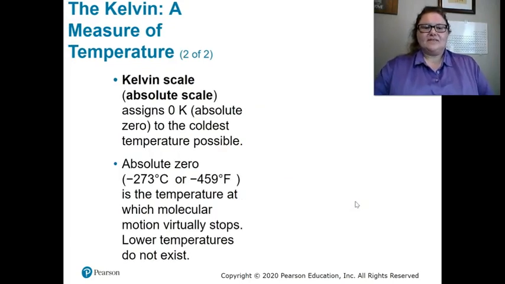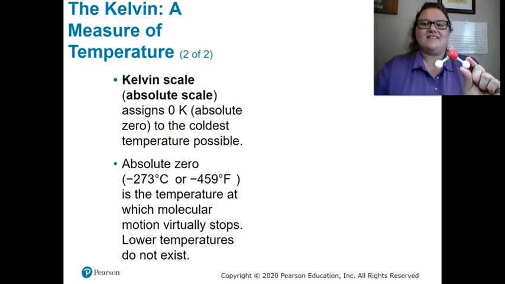All right. The Kelvin scale is what we call an absolute scale because it has a measurement at 0 and stops. Absolute 0 is defined as the temperature at which molecule movement stops completely. Okay? So in class, we talked about how if a molecule were a solid, so if this were ice, and this was my water molecule, that even though it's a solid, it's still kind of vibrating in place.